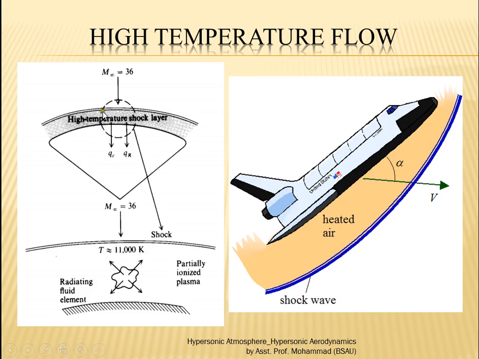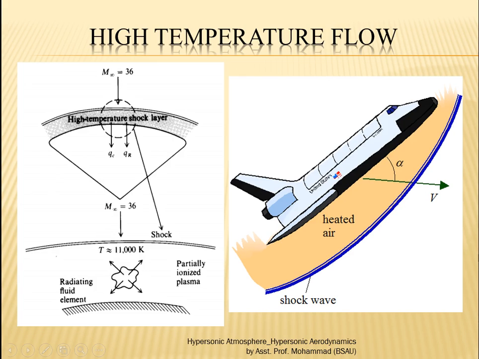And in this region, very near to the nose, the shock behaves actually like a normal shock, and the Mach number is very, very high, something like 36. Then in this region, after the shock, we can get a very high temperature, somewhere near 11,000 Kelvin. We can understand this temperature is so high that in the case of combustion, by combusting the fuel in the combustion chamber, we normally get a temperature of something like 2500 to 2800 Kelvin.